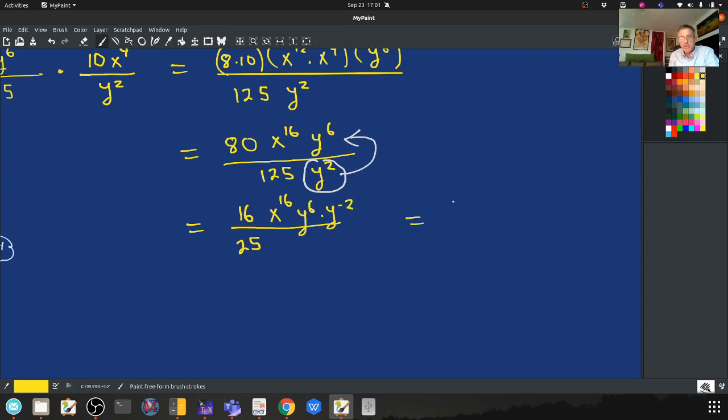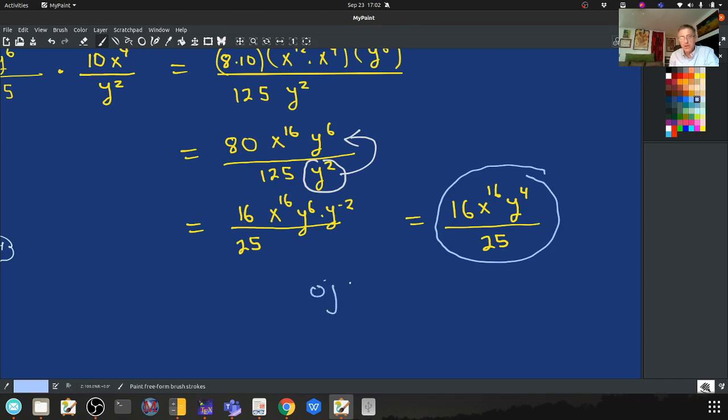So all of this is going to result into 16, and 25 is the only thing in the denominator. X to the 16th. And 6 minus 2 is y to the 4th. And just being really, really careful, we got to the final answer. So, study.